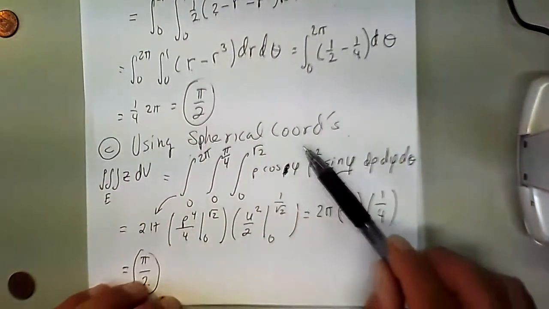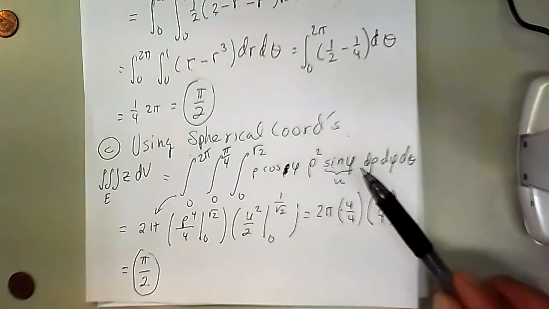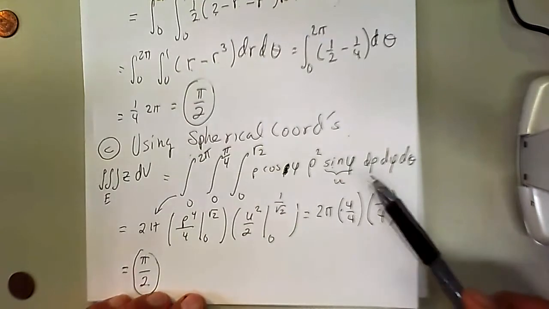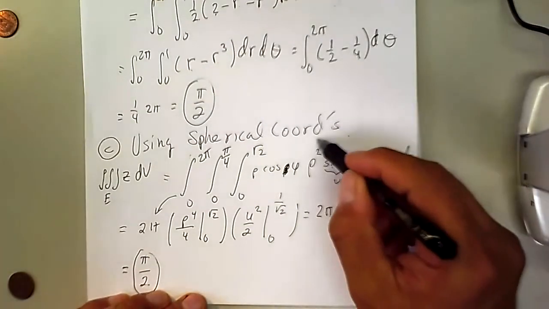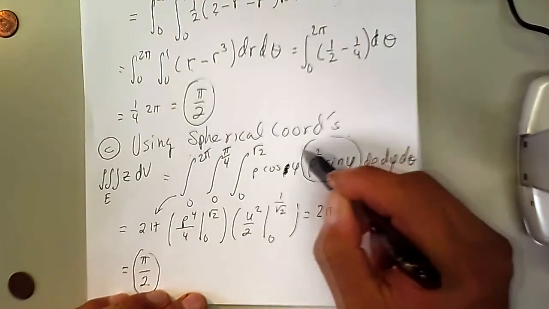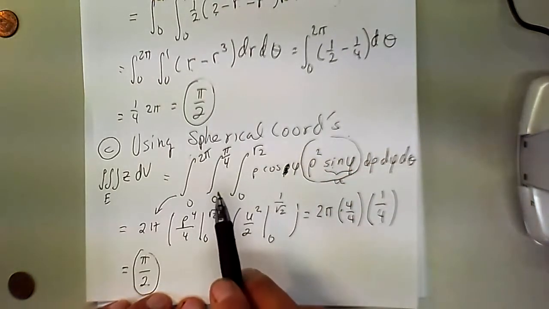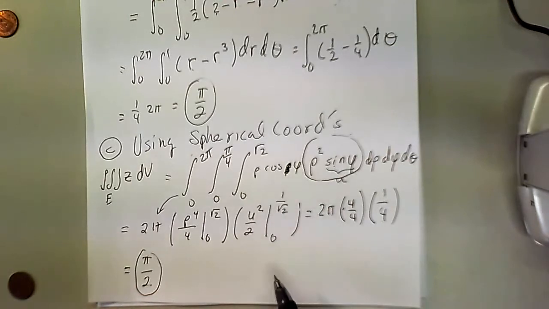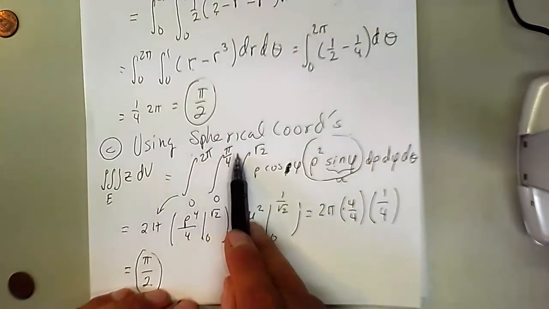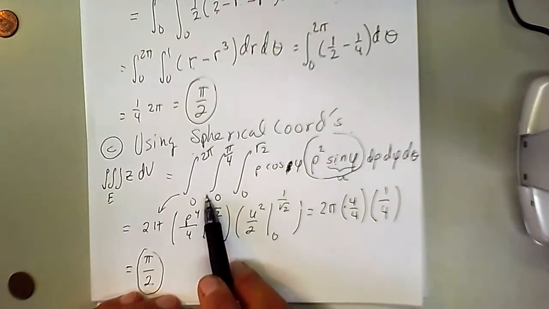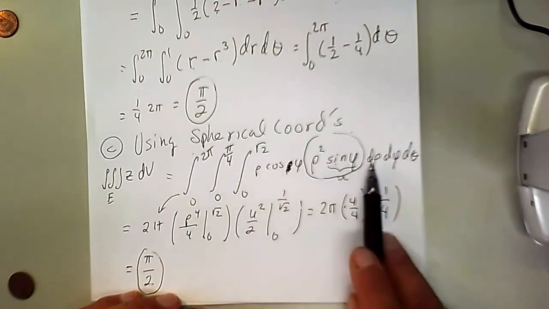Using spherical coordinates, the Jacobian that we have to place is not as simple. The variables are not necessarily simpler, but oftentimes if the solid is the correct one, then we can have very, very nice limits.